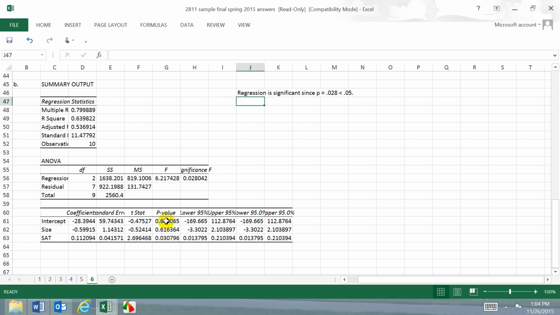However, when we look at the individual p-values, we see that the p-value associated with SAT score is significant, but the p-value associated with size is not, and that's 0.616.